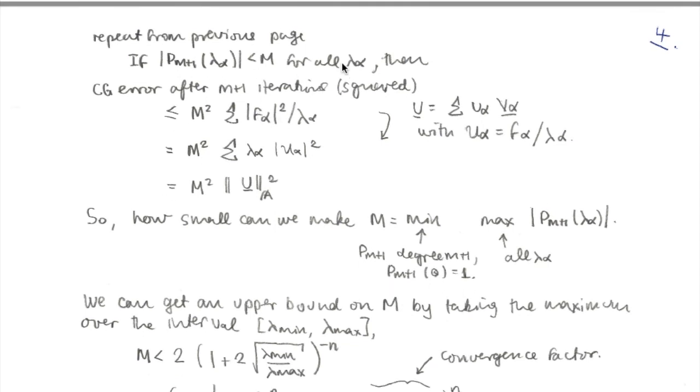But under this condition, the square of the conjugate gradient error is less than this. But remember, the exact solution is just written in this decomposition with u hat alpha equal f hat alpha over lambda alpha. And so I get this sum, but that's just the A norm of the vector.